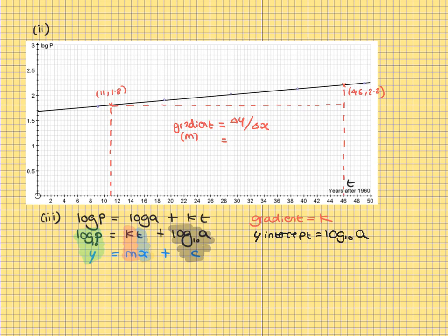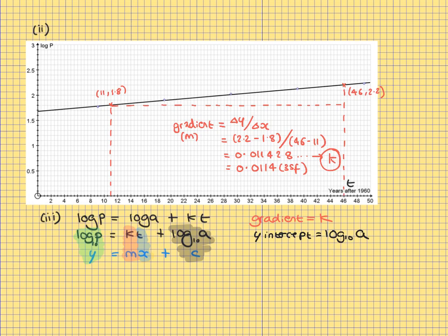So using the coordinates carefully, that is 2.2 subtract 1.8, the difference in y coordinates, divided by 46, take away 11, the difference in x coordinates. And this gives us 0.011428, etc., which I will round to 0.0114 to 3 significant figures.